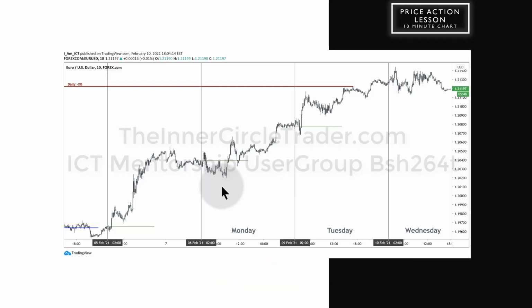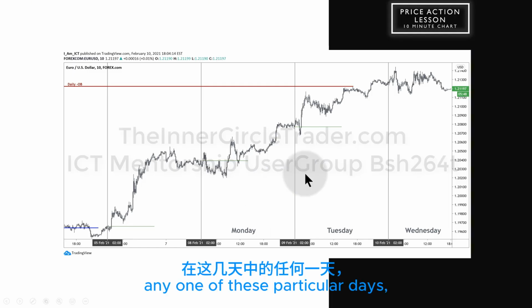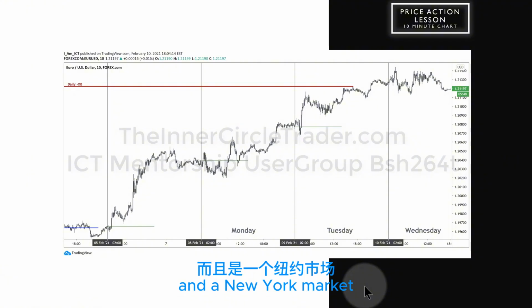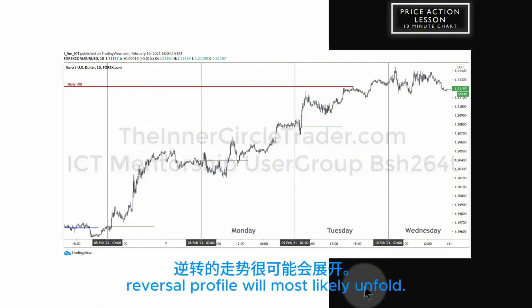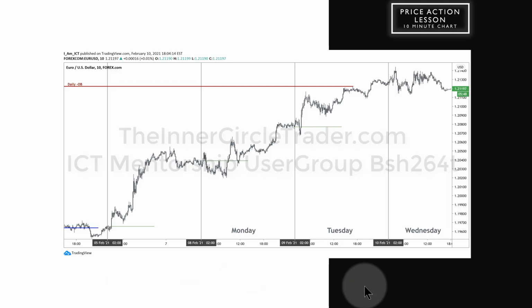Not all the time. If it trades lower in New York than it traded in London Open, any one of these particular days, my protocol is it's probably a stop run and a New York market reversal profile will most likely unfold. Otherwise, I'm trading with London Open as the low of the day in this scenario.